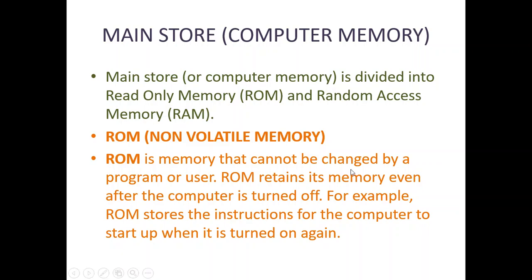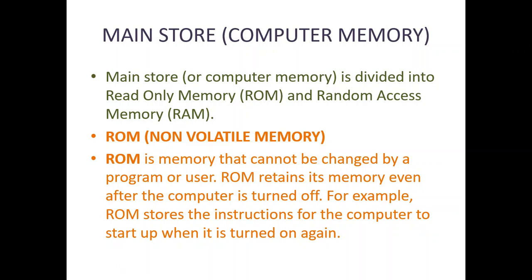So ROM is basically non-volatile, which means that memory will not be erased, it will not be lost. The instruction sets of the computer system are normally stored in ROM.